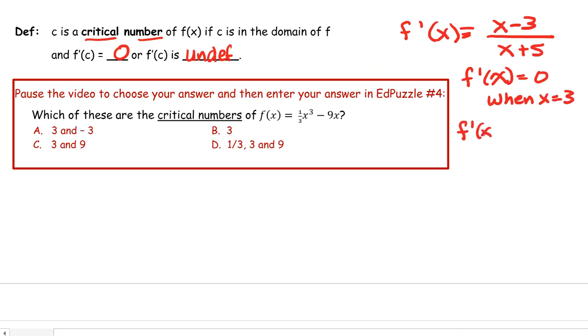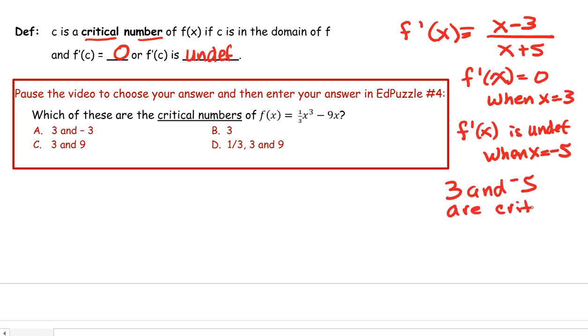And f prime of x is undefined when x is equal to negative 5. So this function would have two critical numbers, 3 and negative 5.